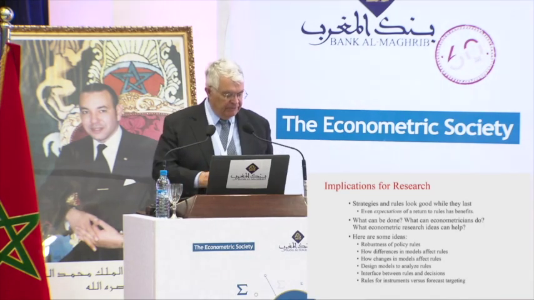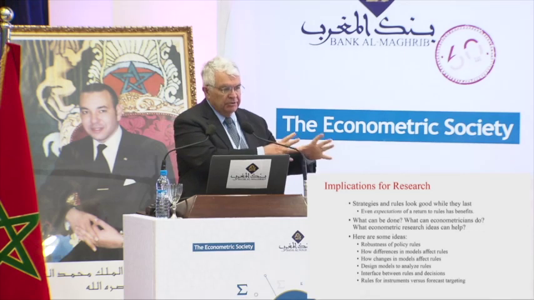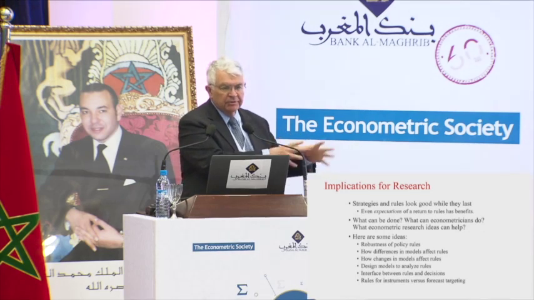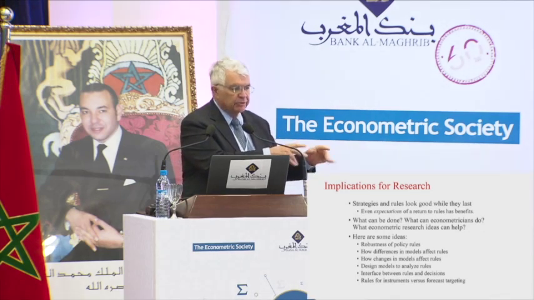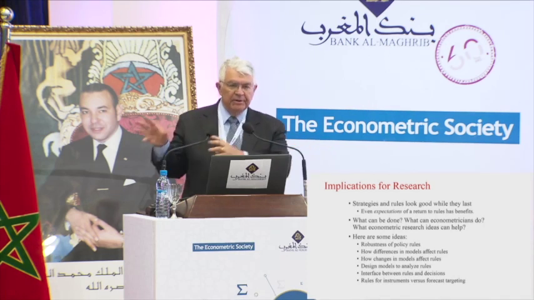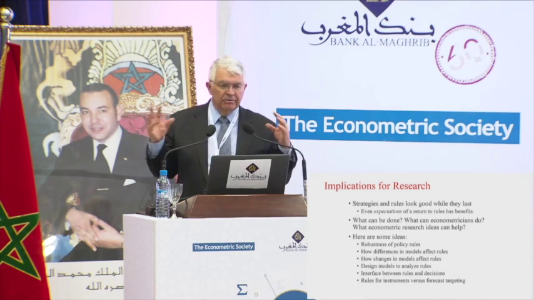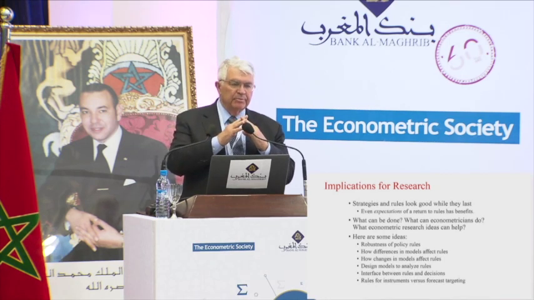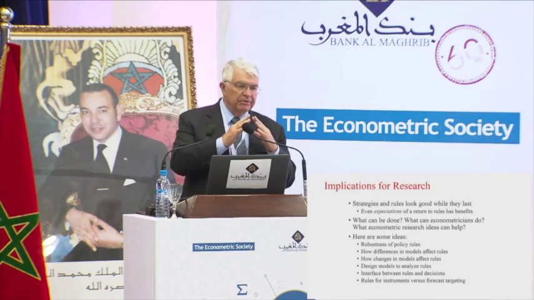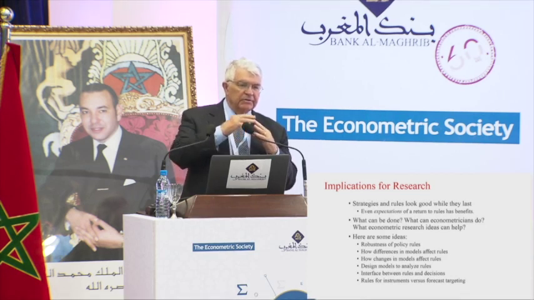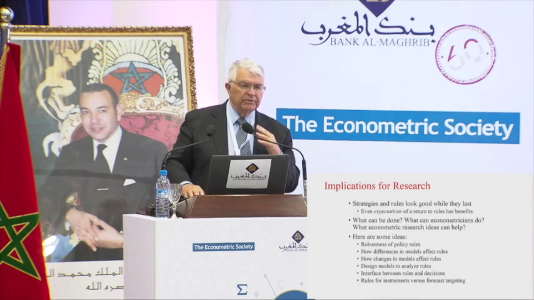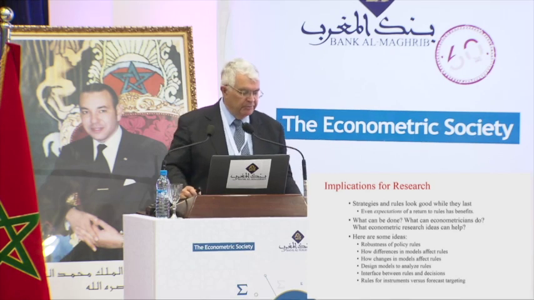And I think also this, I'll call the interface between rules and decisions. It's very easy for decision makers to have a research department, and those people in the research department just do lots of work on rules, models, the greatest and latest they want, but then they don't pay any attention to it. And so this interface between the two is very important. Again, that's my experience, being a researcher and being in policy many times. To some extent, it's having the policymakers familiar with the policy rules or the models.